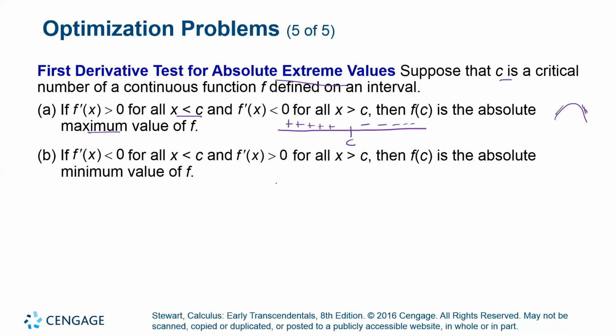On the other hand, if you have c and everything to the left of that is negative, and then to the right of the critical number the f prime is positive, then it has an absolute minimum. So I'm going to do two problems, and one of them will show that we have the absolute maximum using this first derivative test.